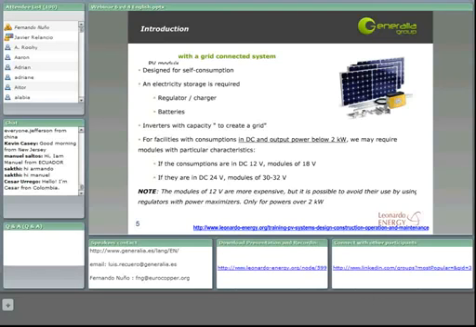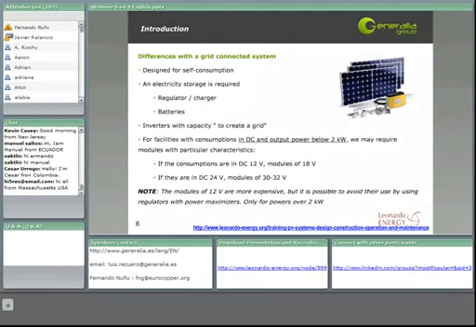So, during the next slides, we will talk about the main differences between a standalone facility and a grid-connected one. There are three concepts that we have to keep in mind to distinguish both types of facility. First, in this kind of facility an electricity storage is required, as our plant will not be connected to the grid, and it must be designed to supply energy 24/7.